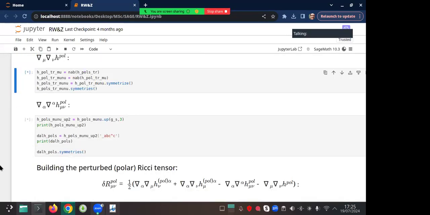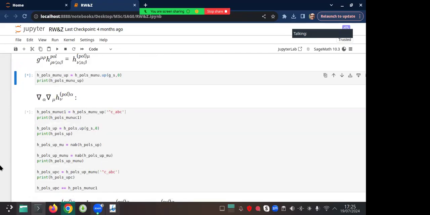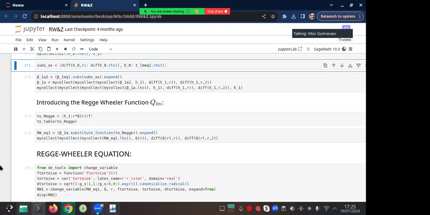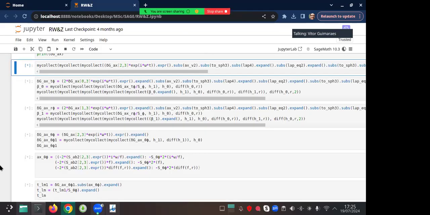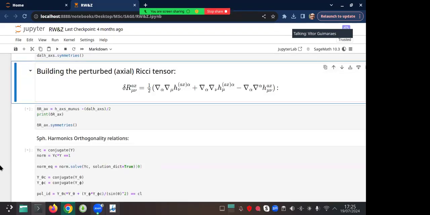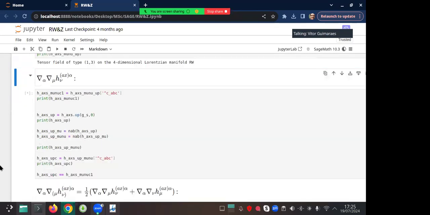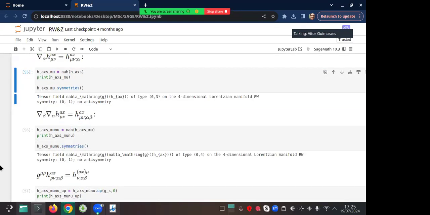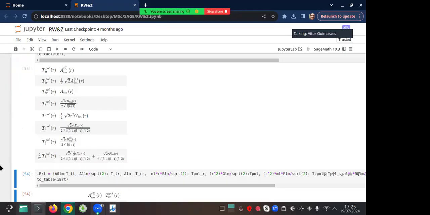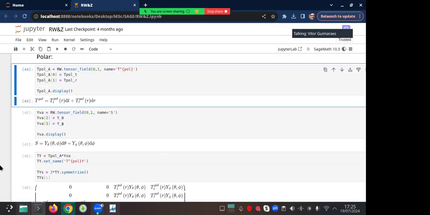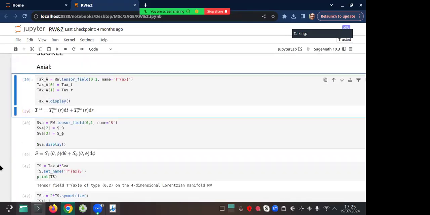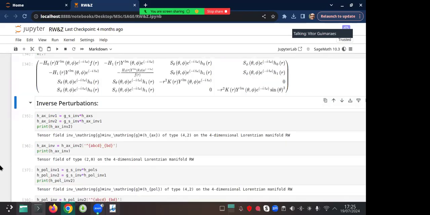Only bear in mind also that I'm far from being very experienced in coding, so maybe this notebook could be much shorter. But since I don't have the skills, I have to do it the hard way. Okay, so let me just get back here.